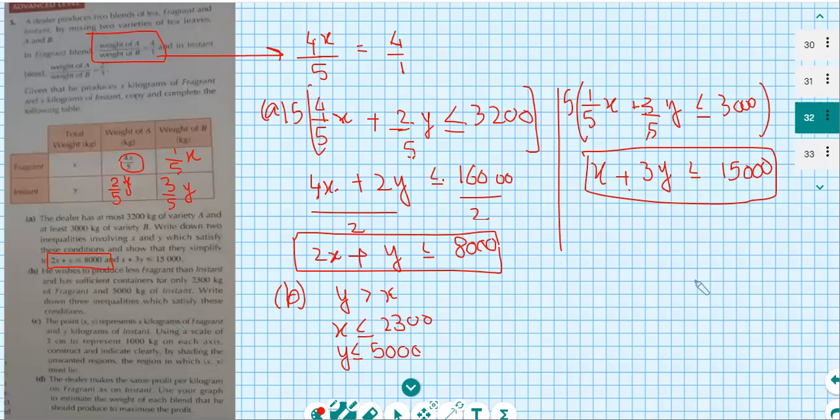So I'm leaving this to you. These are the inequalities: first one, second one, third one, fourth one, and fifth one. So there are 5 inequalities you have to plot on the Cartesian plane. So I'm giving you part C and part D as a home assignment.